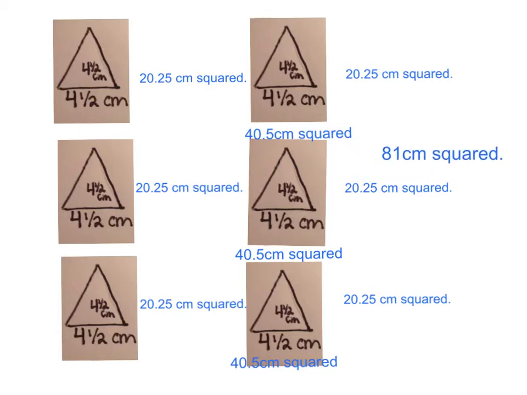And so this was my area now, but I still had one more area that I needed to add to this, and that was again 40.5 centimeters squared. So then I did the 40.5 centimeters squared plus 81 centimeters squared, and I got 121.5 centimeters squared.